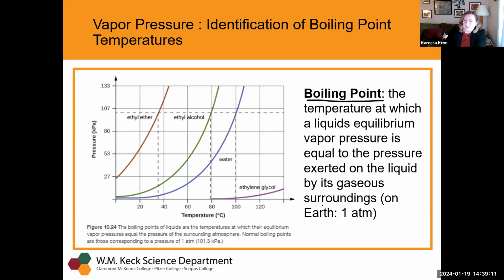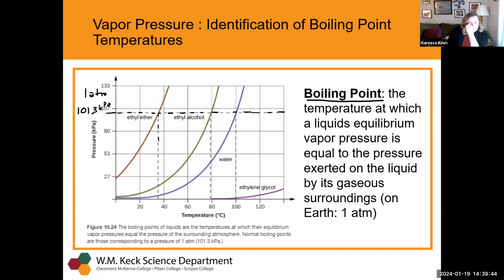On Earth, we define this pressure as 101.3 kilopascals, because that's equal to 1 atmosphere. Where the vapor pressure of a particular compound is equal to that 1 atm or 101.3 kilopascals, the temperature where you cross that pressure is your boiling point.